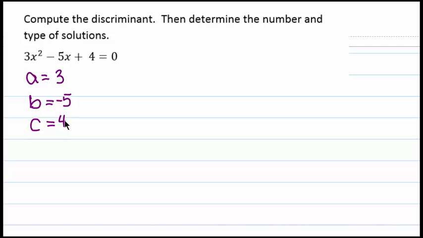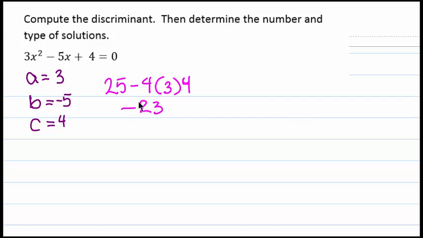So now I'm just going to go ahead and plug it into b squared minus 4ac. So b squared, it's -5, but anytime you square something, it's always going to be positive. So therefore I have 25 minus 4 times 3 times 4. So then simplifying that, I get -23. So therefore -23 is my discriminant.